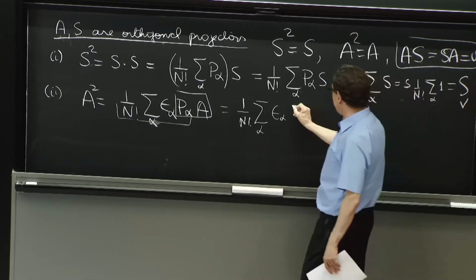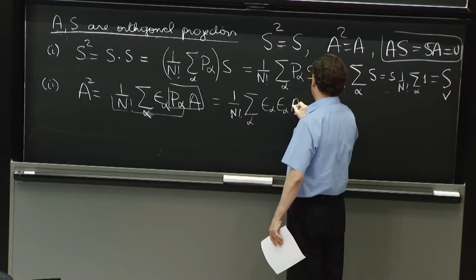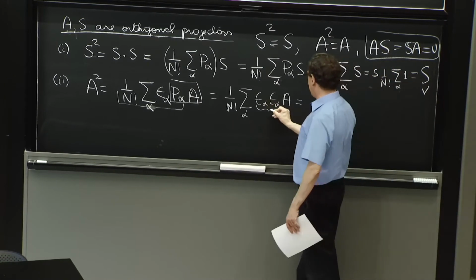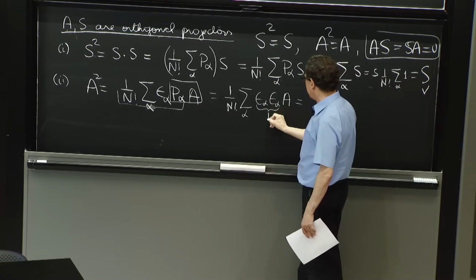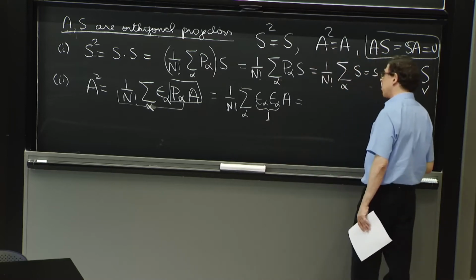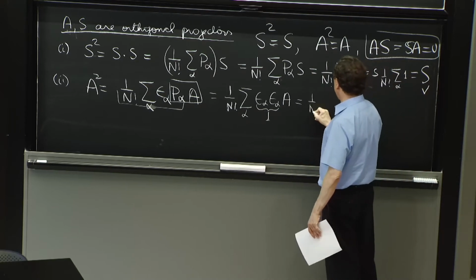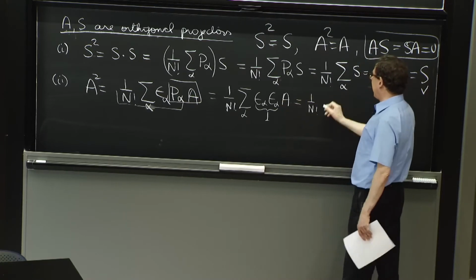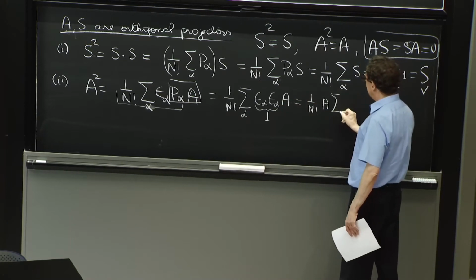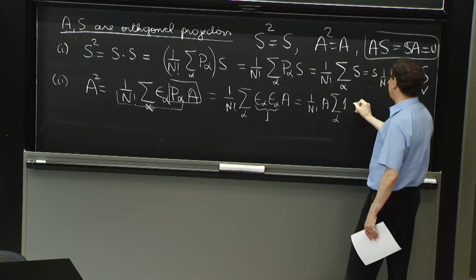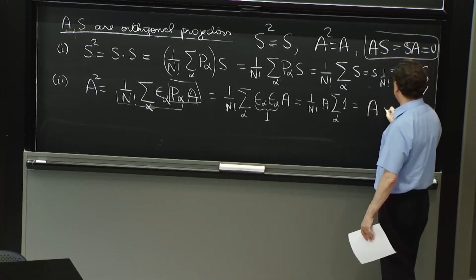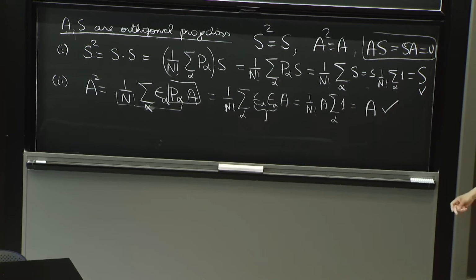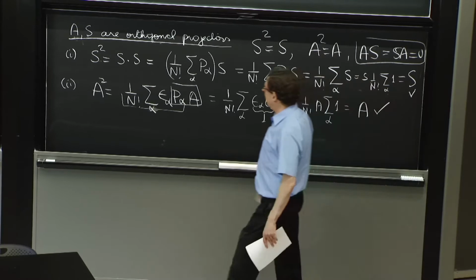It is just another epsilon alpha times A. Well, epsilon alpha times epsilon alpha, whether it's 1 or minus 1, the product is just plus 1. So you get 1 over n factorial, and again, the sum over alpha of A, the A goes out, the sum over alpha of 1, and we're back to A.